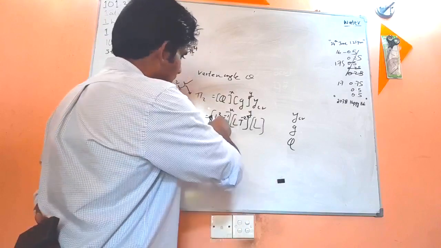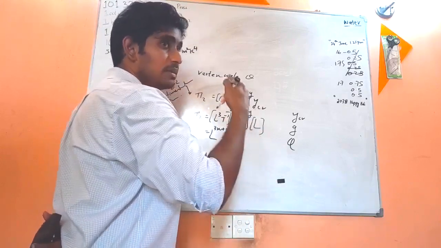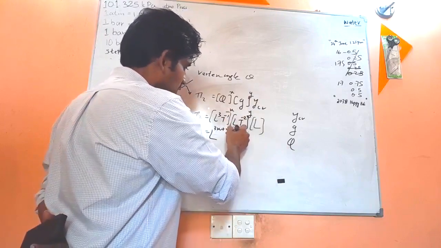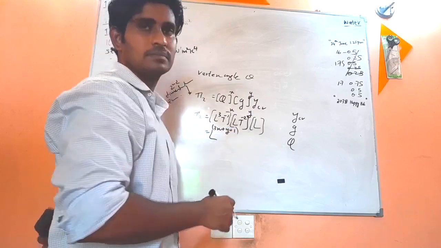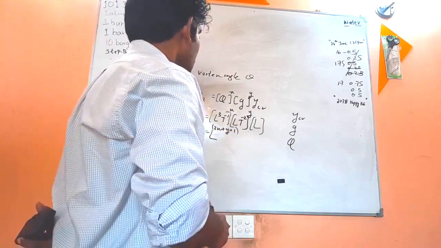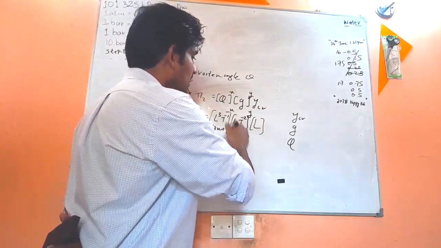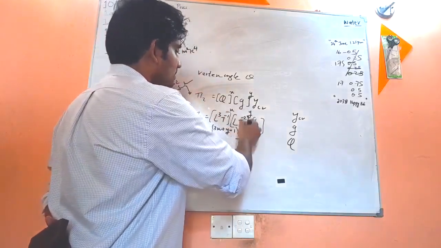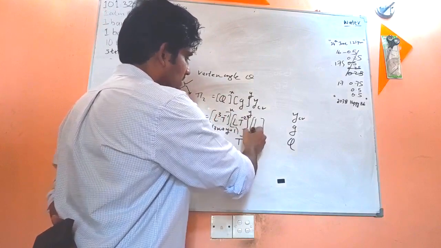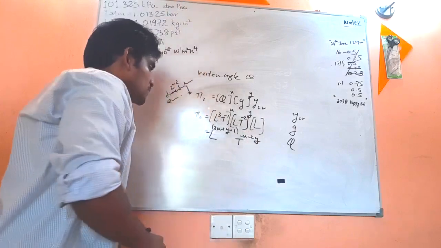Here we have 3x plus y, and here we have L, so the power is positive 1. L to the power 3x plus y plus 1. Agree? Then the next one, time t: minus 1 times x minus 2y.